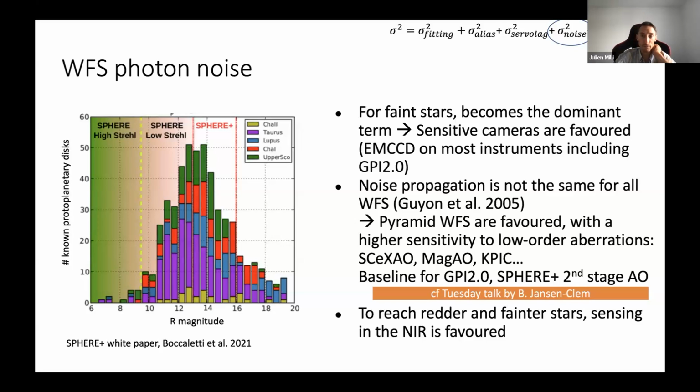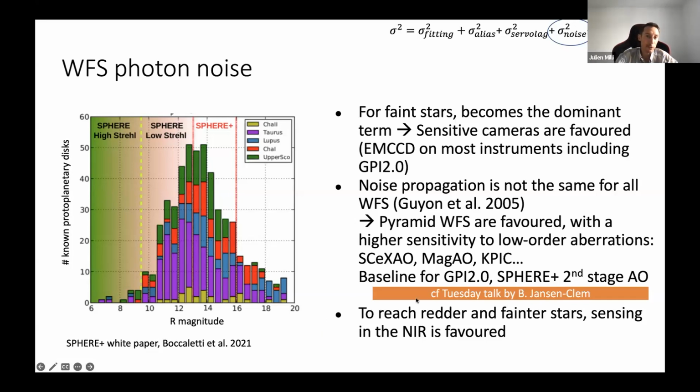You also heard from Becky's lecture on Tuesday that the noise propagation is not the same for all wavefront sensors. This is why we now favor the pyramid wavefront sensor, which is more sensitive to low order aberrations. SCExAO, MagAO-X, and KPIC all have this kind of pyramid wavefront sensor. That's also going to be the baseline for SPHERE+, the upgrade of SPHERE.